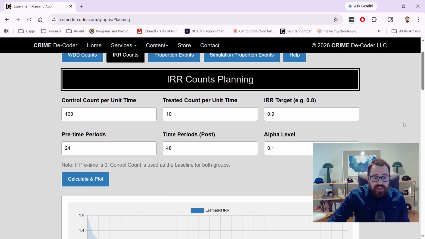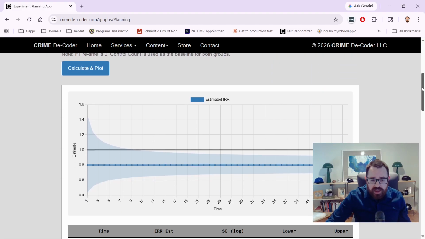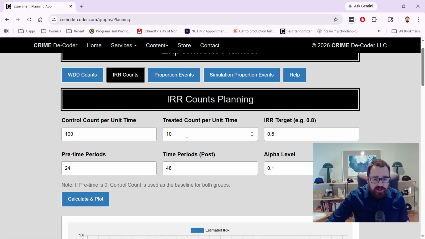So if this is our treated units and this is our target, we're not going to be able to know, in years and years, if we can reduce crime. But if we think we can reduce crime more, we'll have a smaller standard error estimate and know that it doesn't cover 0 in a shorter time period.